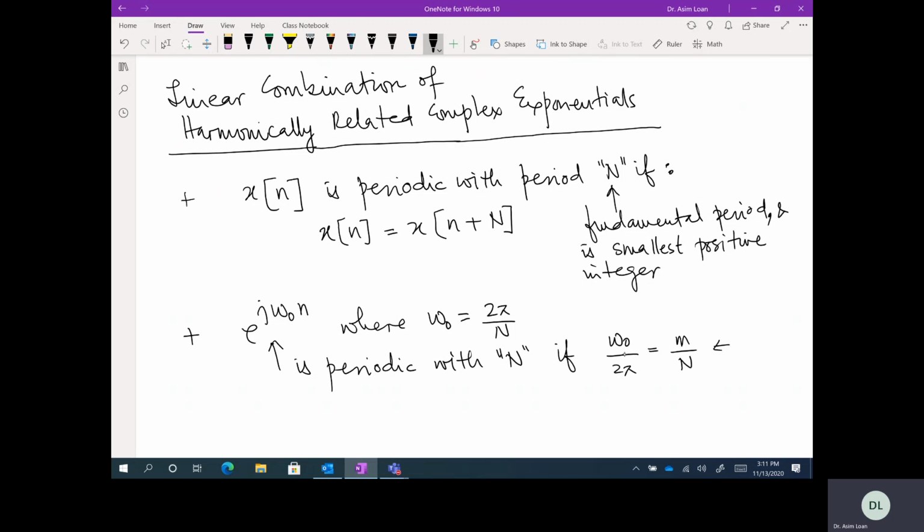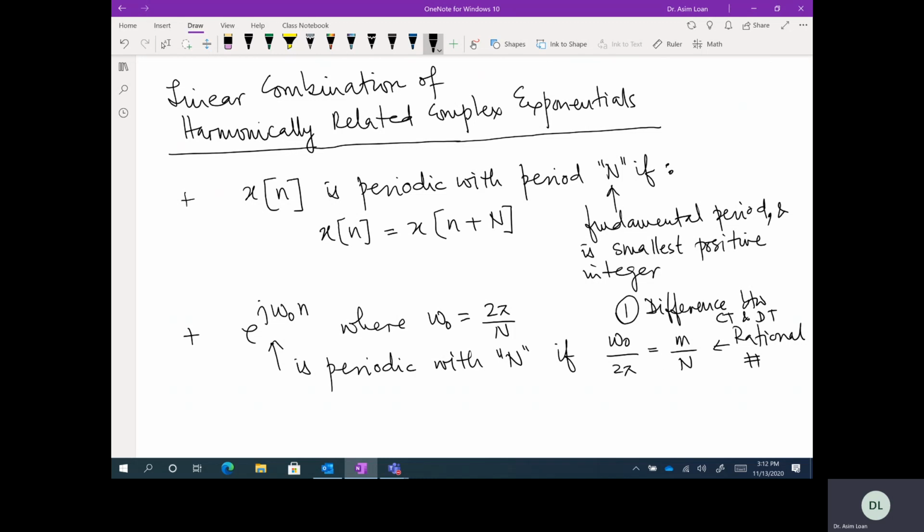So this is not periodic for every omega naught as in the continuous time case. This is the first difference between continuous time and discrete time complex exponentials. This is only periodic if omega naught over 2 pi is a rational number.